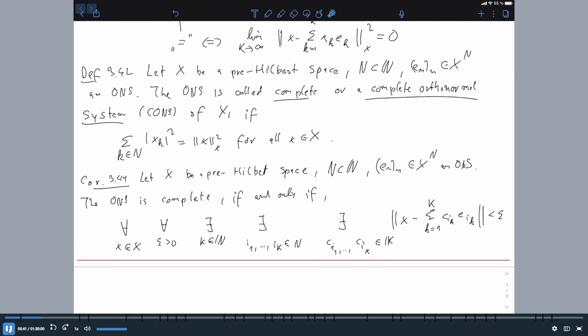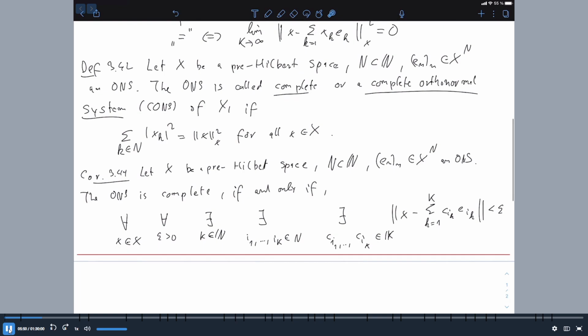To refine the interpretation of this definition of a complete orthonormal system, we also characterized it in the following way, and this was the last thing we did in the last lecture.